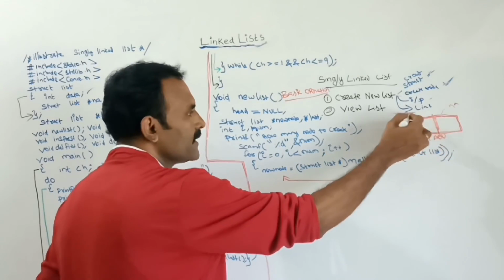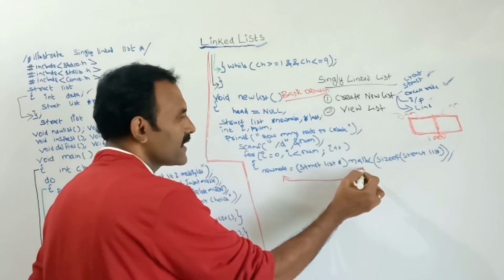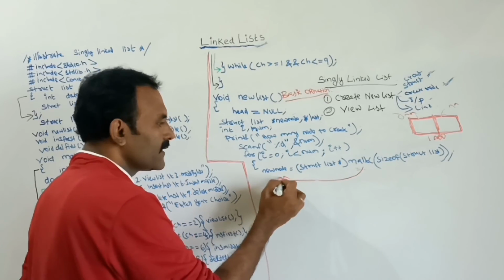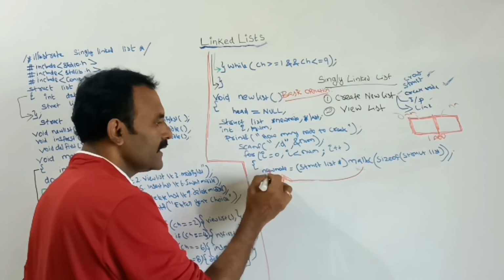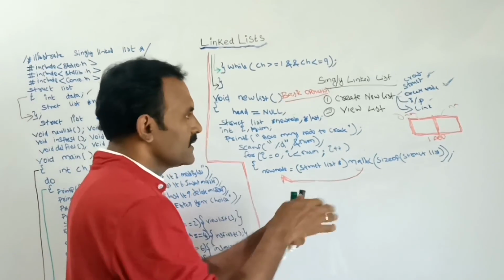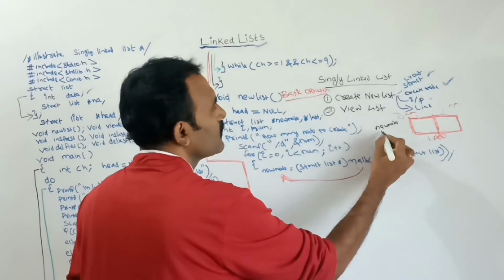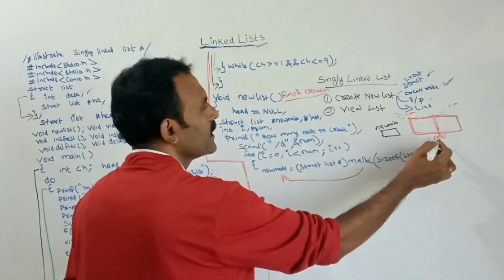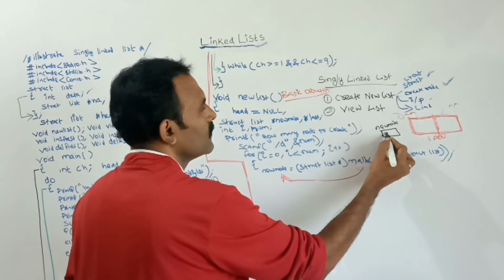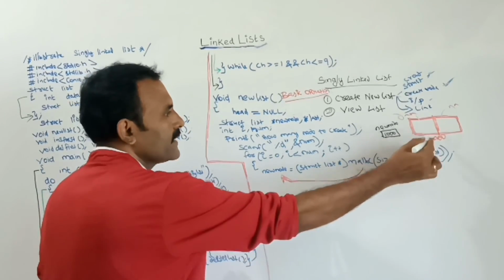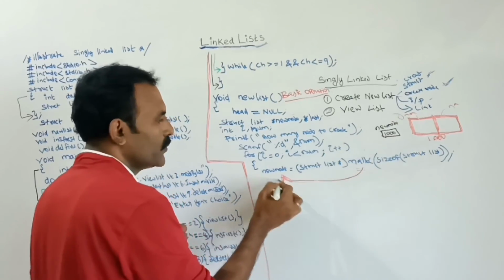After allocating the memory, this address was returned, and that returned address I am getting in the new node. So this new node holds the address, how much, 1000. After creating, this 1000 was stored to new node.